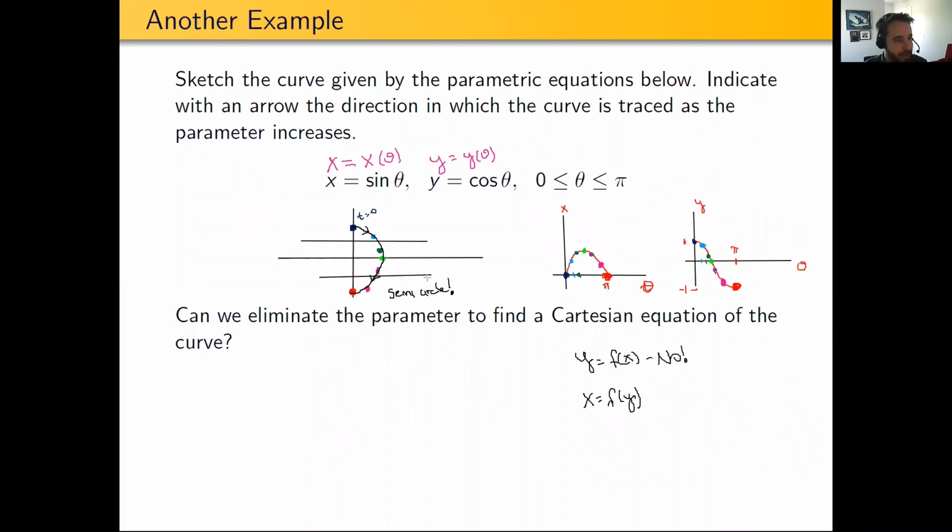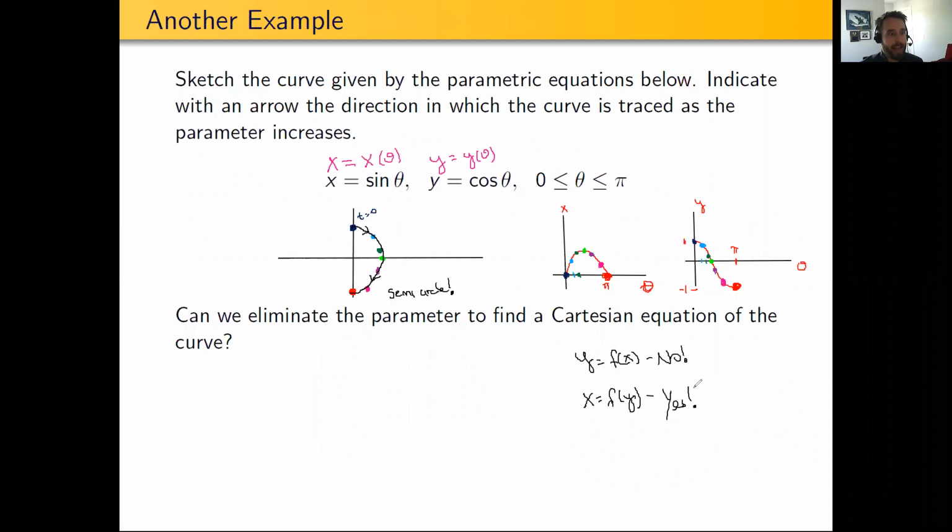And we see that all of these lines in the horizontal direction only hit this graph once. So in other words, this parametric equation can be thought of as a function involving the variable y. Yes, awesome.